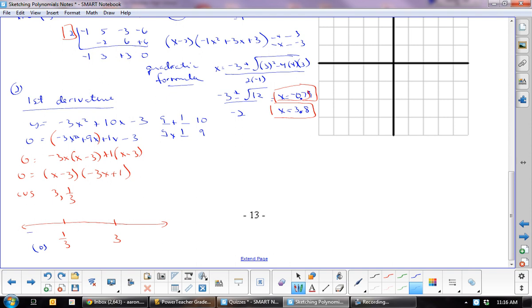And negative 3 times 0 is 0 plus 1 gives me a positive. So that's a big negative there. Okay, between 1/3 and 3, pick a good 1. 1 minus 3 is negative. Negative 3 times 1 is negative 3 plus 1 is negative. So I'll get a positive.